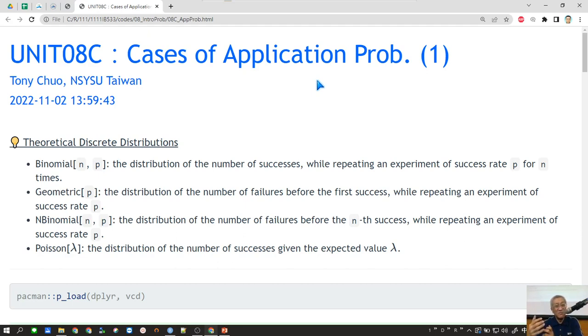But it's still too conceptual, right? If we want to use it in some real business case, how is it like, right? I want you to get an idea about that, okay?